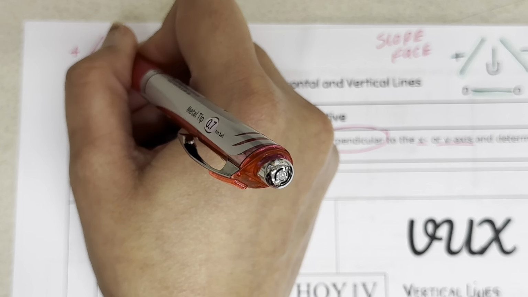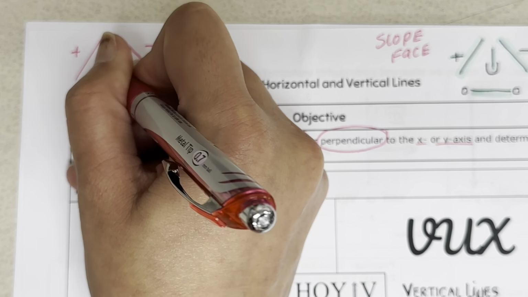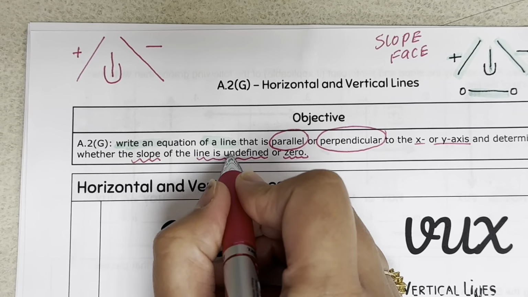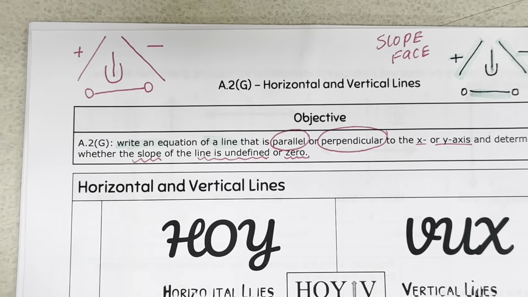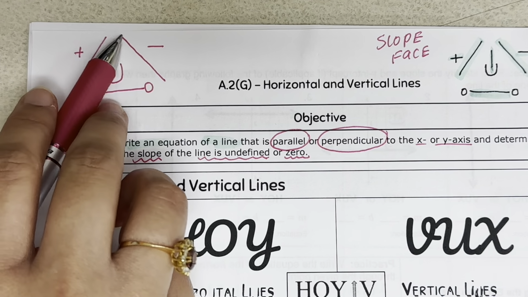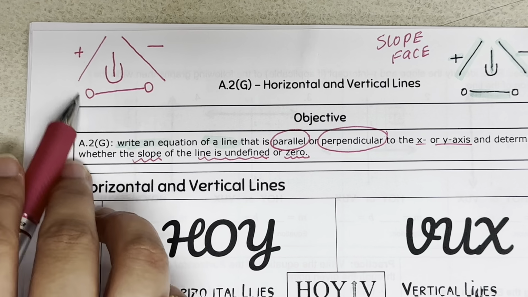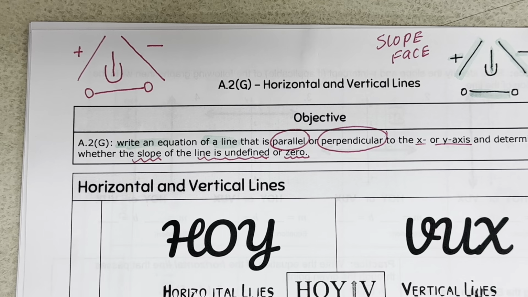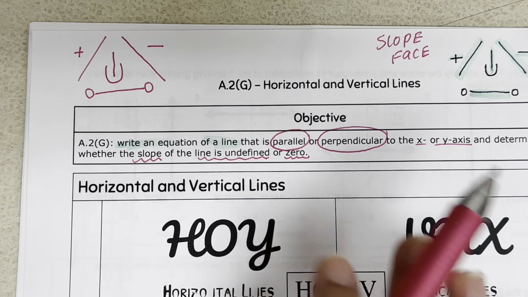It is a nose, vertically straight, which has a U. U stands for undefined. And then it is a flat horizontal face, which has 0 on the edge as cheeks. So that's your face. Up the hill, down the hill, vertical, horizontal, that's your slope face. This is how you can remember what type of slopes you have over here.